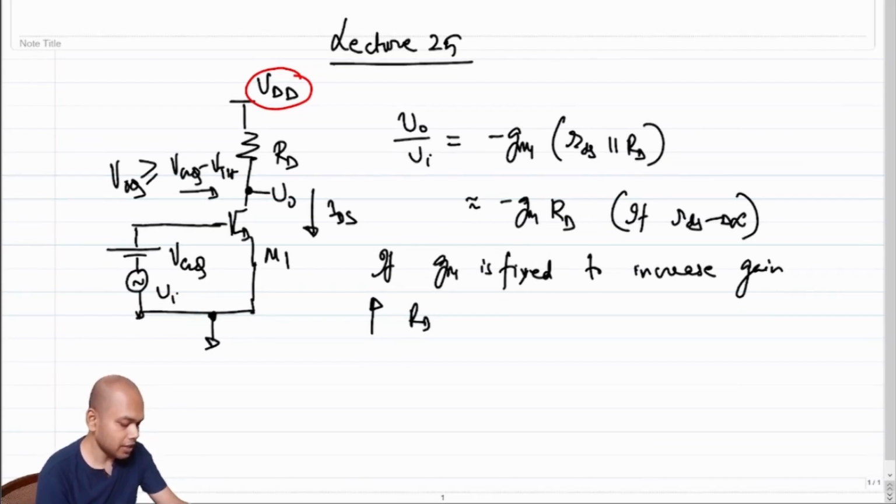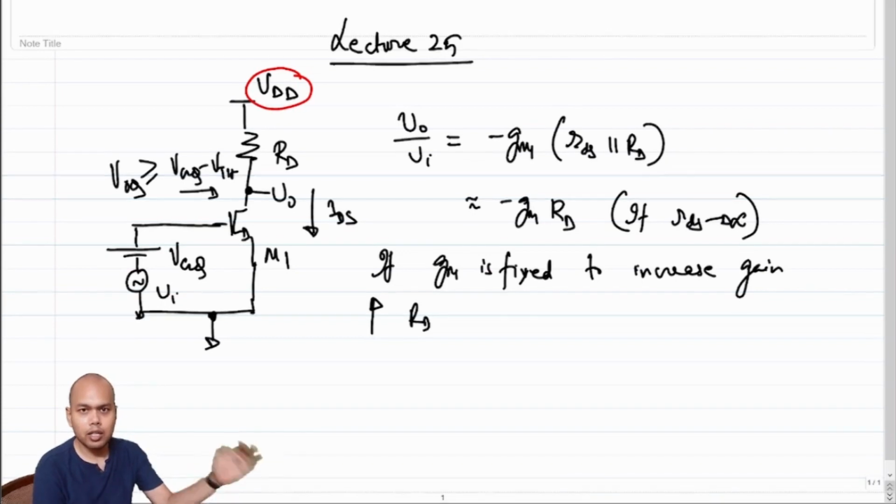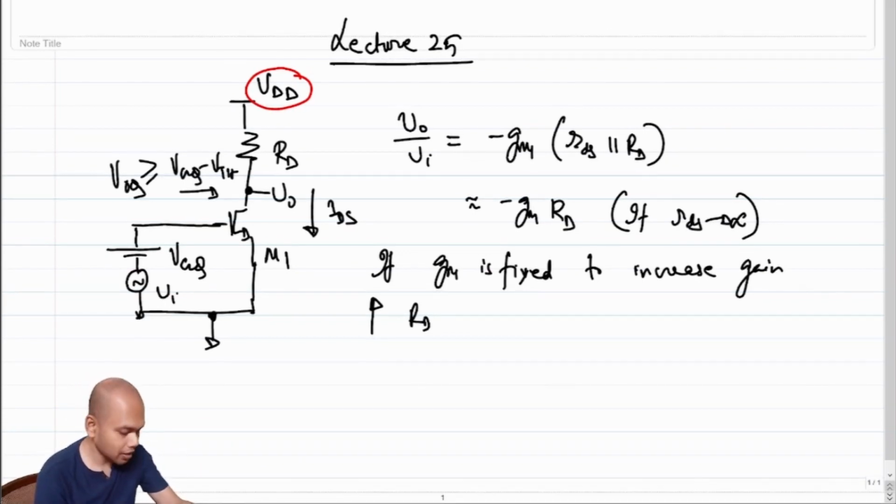The quiescent voltage at V naught is going lower and lower, right? Ultimately it will hit this limit, and the transistor M1 will no longer be in saturation. If it's no longer in saturation, then the output resistance of the transistor drops dramatically, hence the gain will start to drop as well.